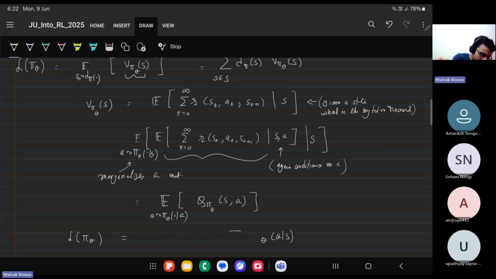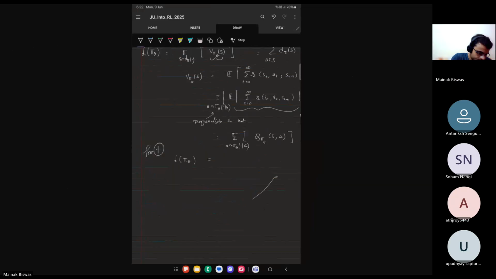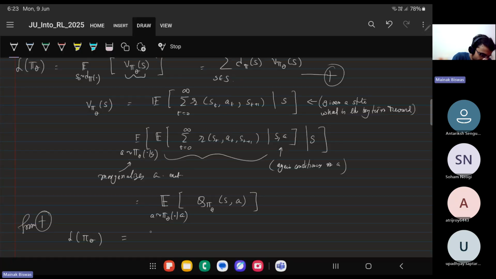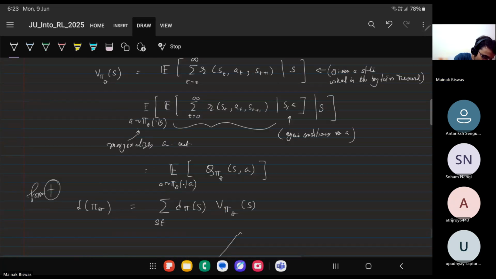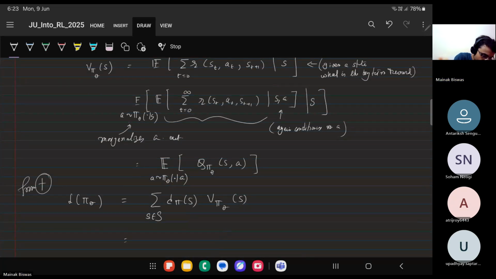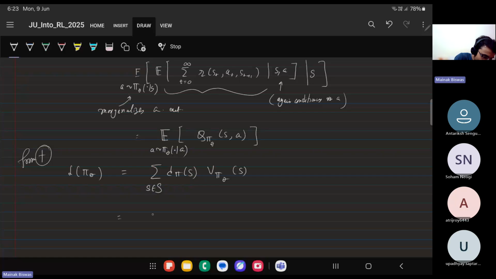Again, just using the equation, from dagger, I get d pi of s, p pi theta of s dash in s. And this is equal to summation of d pi of s, summation of pi theta of a given s, q pi of s given a.